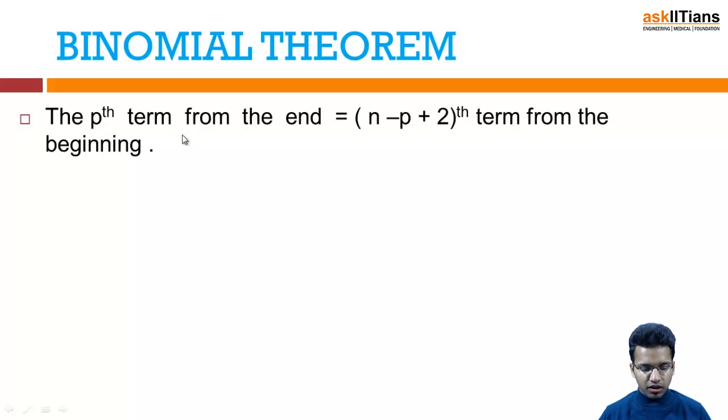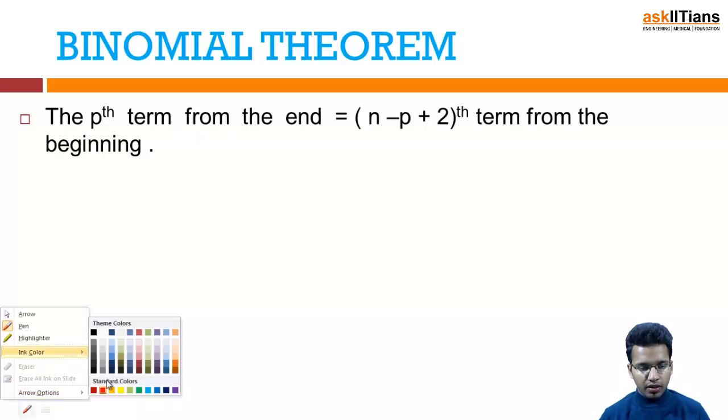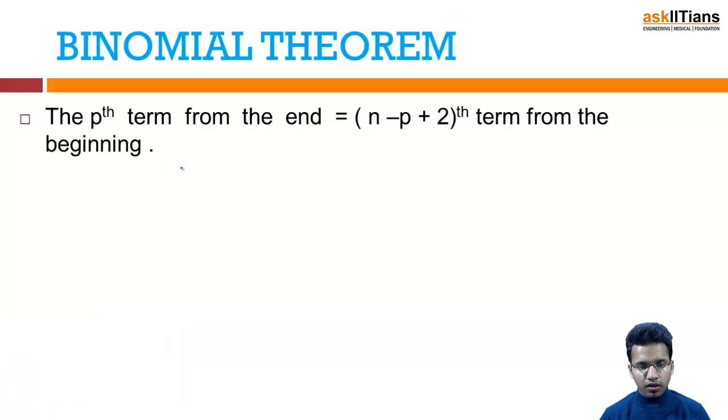After this, again, this is also an important result. The pth term from the end will be, again, I go by writing an expansion maybe. Suppose you are looking at x plus y raised to power 10, and I say the third term from the end. Now what does it say?